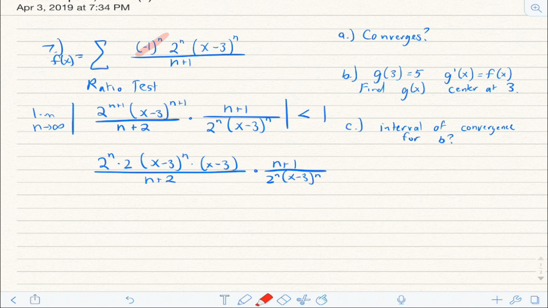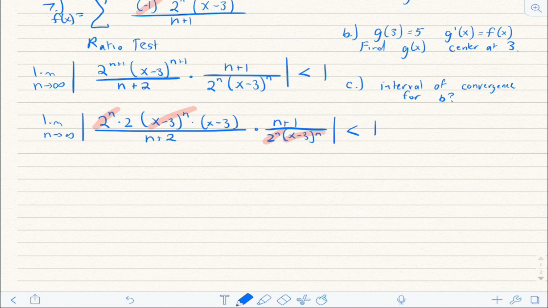Now we can see that the x minus 3 to the n power cancels, and the 2 to the n cancels. Remember, this is still under the absolute value, we're still talking about less than 1, and we're still taking the limit as n goes to infinity.